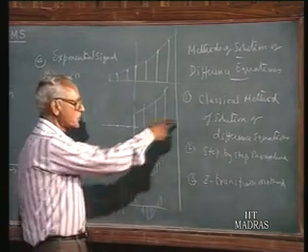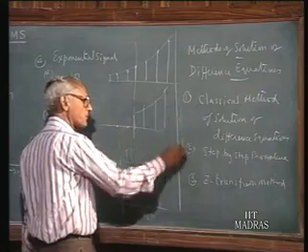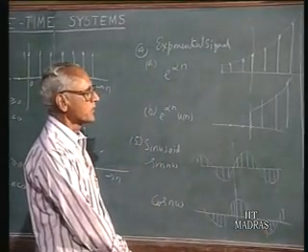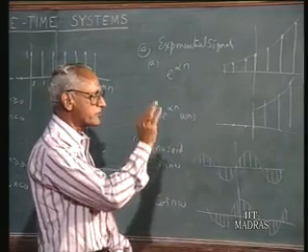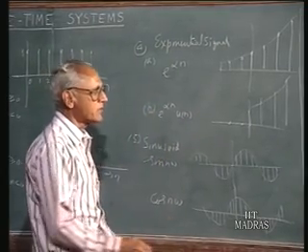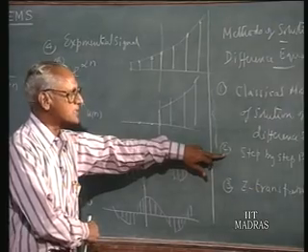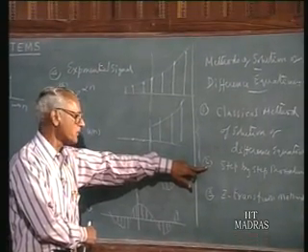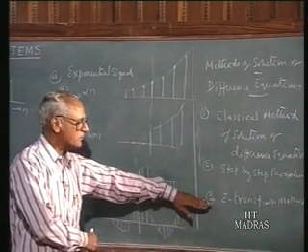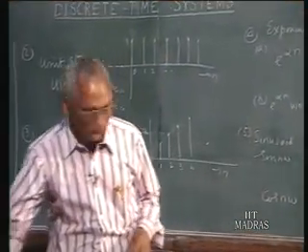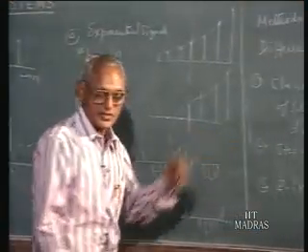As far as the first two methods are concerned, we'll briefly discuss them in the next lecture, with a very cursory treatment of the first one. We'll illustrate the step-by-step procedure, nothing much to be said about it further, and later on we'll talk about the Z transform method.